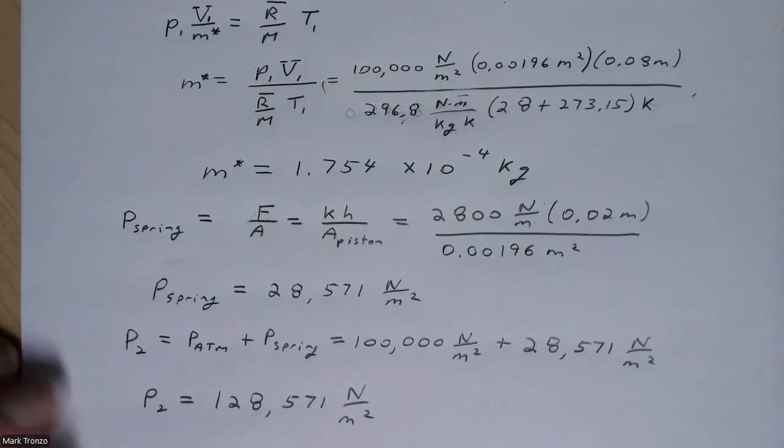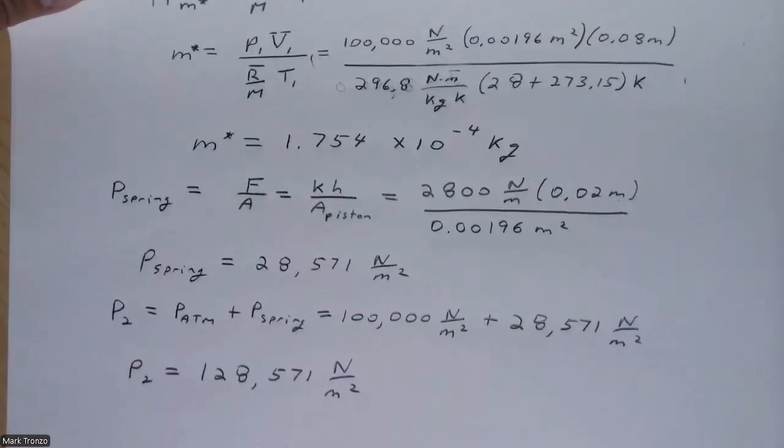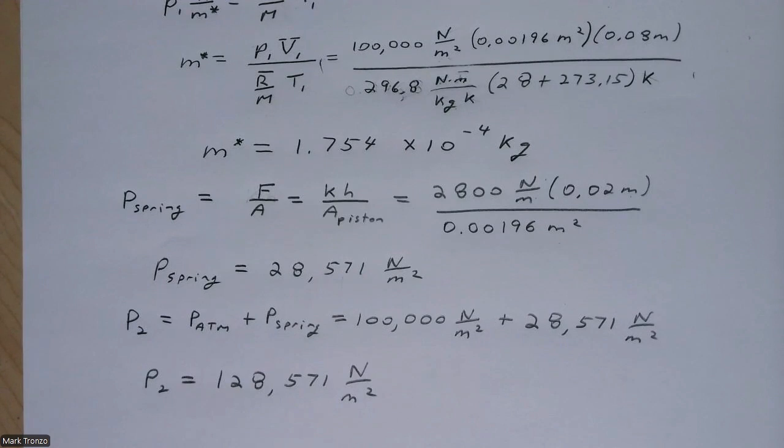So our final pressure on the gas is going to be 128,571 Newton per meter squared. I probably should have reduced the significant digits. We don't really have that many available, but you can fix that.